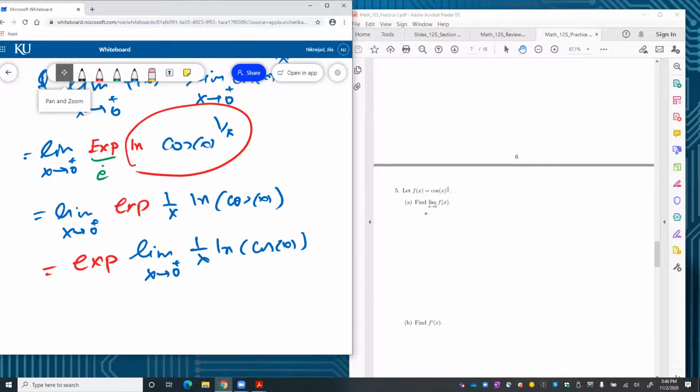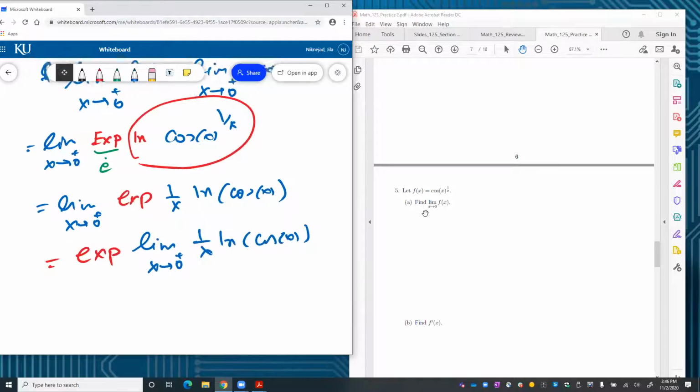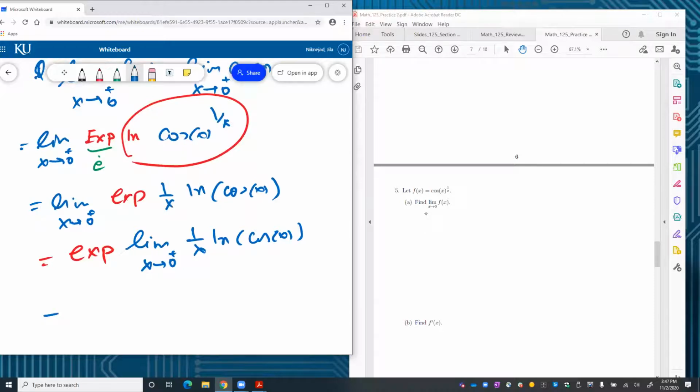Okay, so now I will have exponential. Now, this is nice. ln, I don't have a whole lot to do when other stuff is next to it. So what I do is I put it in a form that L'Hopital accepts.